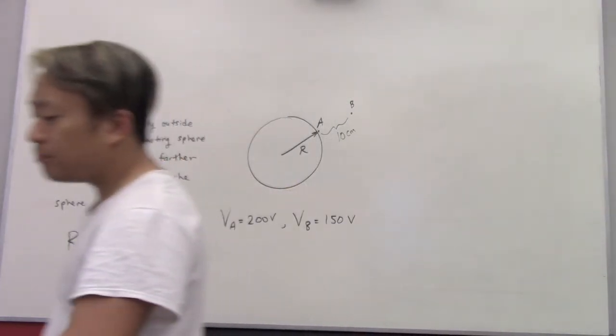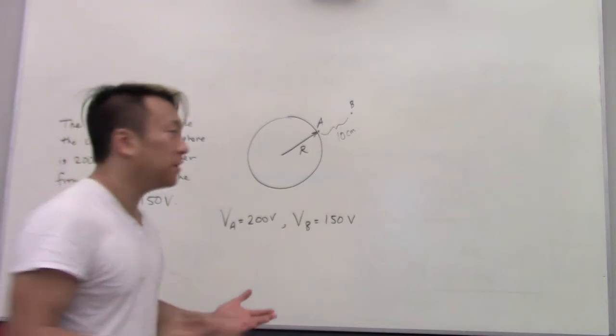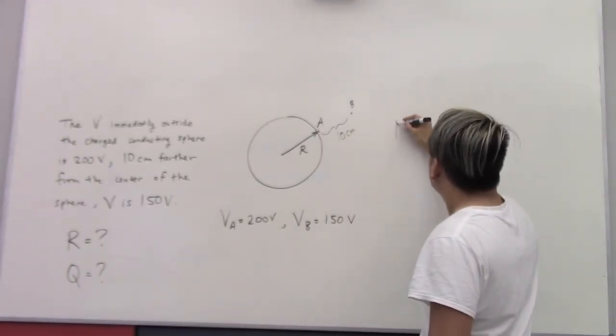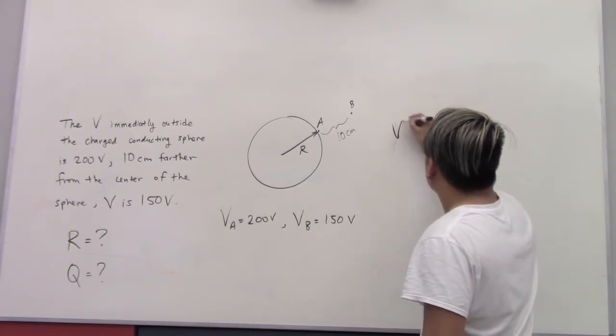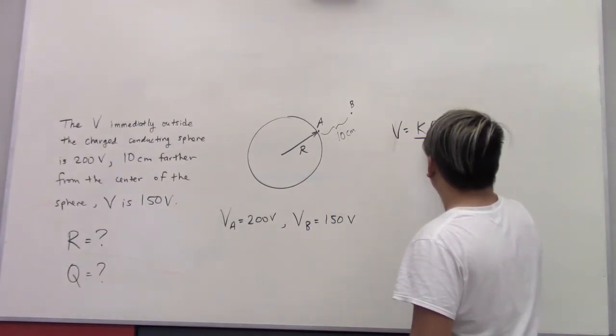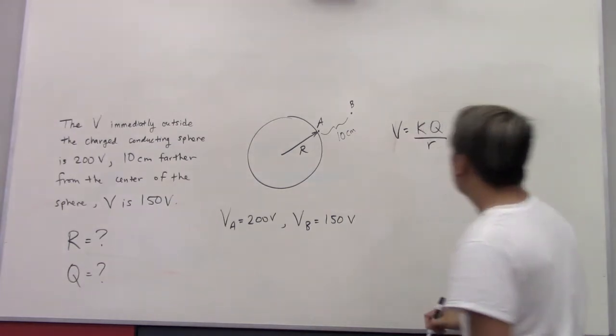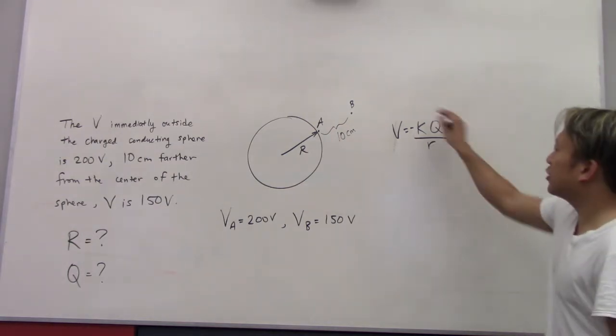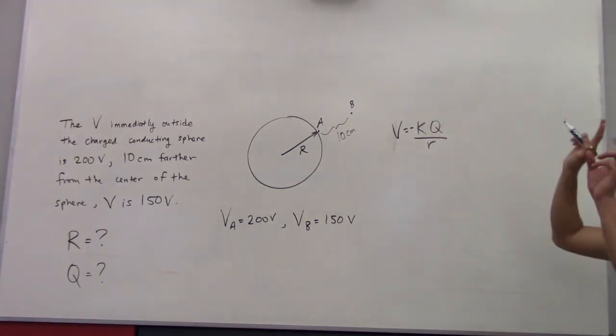What we could do is start with our equation. We know that V equals negative KQ over R. That's our structure, and that's where we're going to plug in.